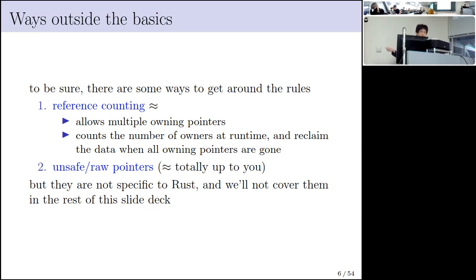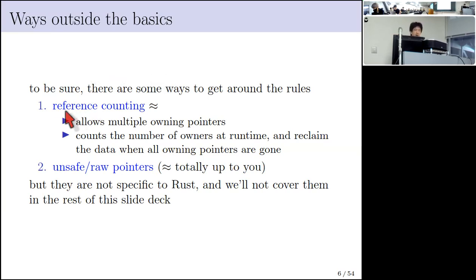I'll get into some of them later, but these are actually pretty restrictive in some cases. For cases in which the program cannot be conveniently written obeying these restrictions, there are some ways to get around these basics.